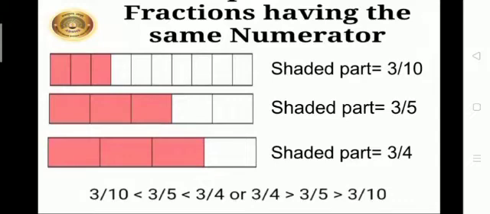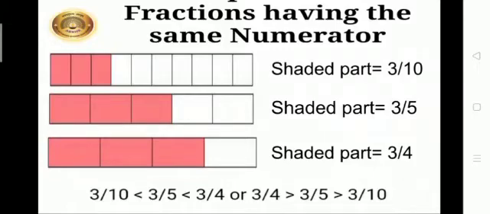Again, you can see here three strips of same size. The first strip is divided into 10 equal parts. The second strip is divided into 5 equal parts and the third strip is divided into 4 equal parts. In the first strip, 3 parts out of 10 are shaded, so the fraction of shaded part becomes 3 by 10.